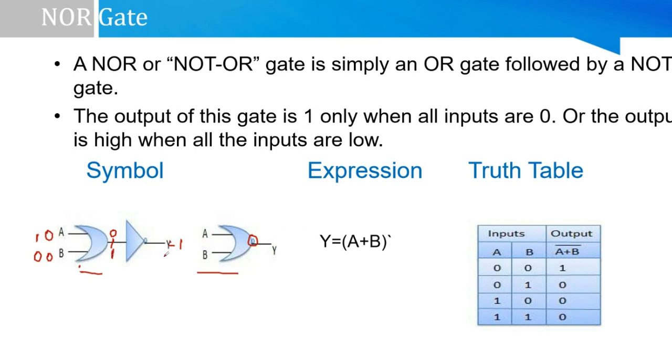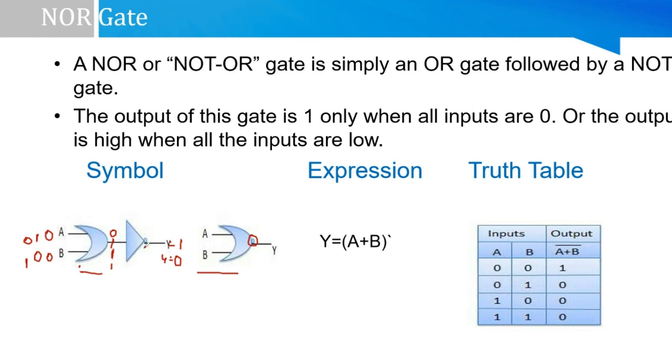This will be inverted. So here what will you get at the output? The 1 will be inverted. You will get the output as 0. When A is 0, B is 1, what will be the output of the OR gate? 1. 0 plus 1, it will be 1.